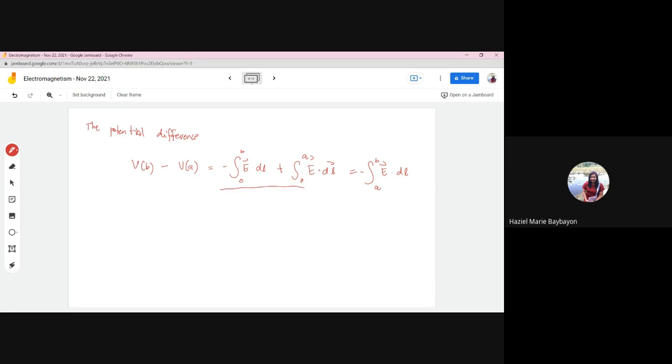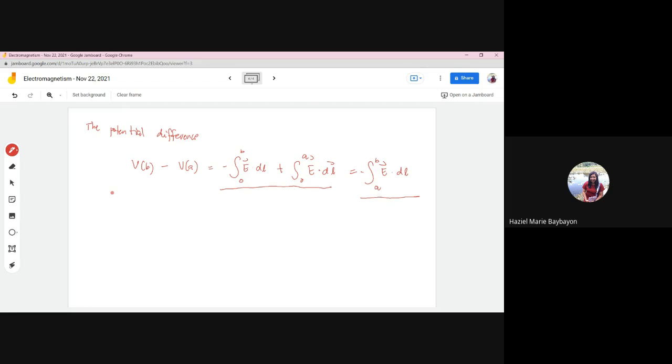So they are the same, class. From A to B, you can go from the origin, or from B to the origin, and then origin to A. Okay? So you can rewrite this as this one.